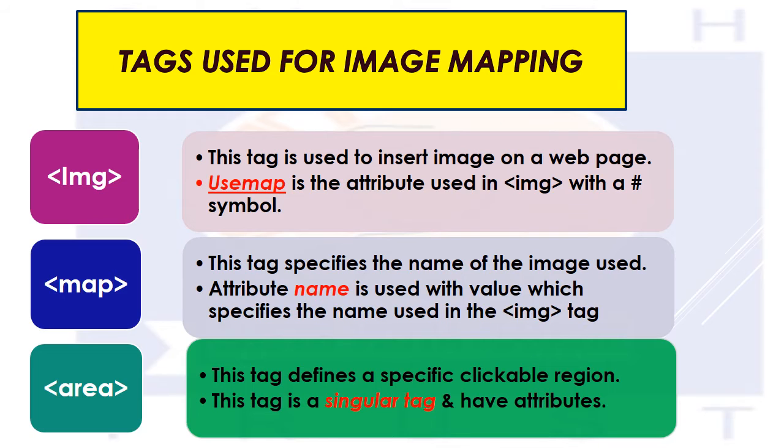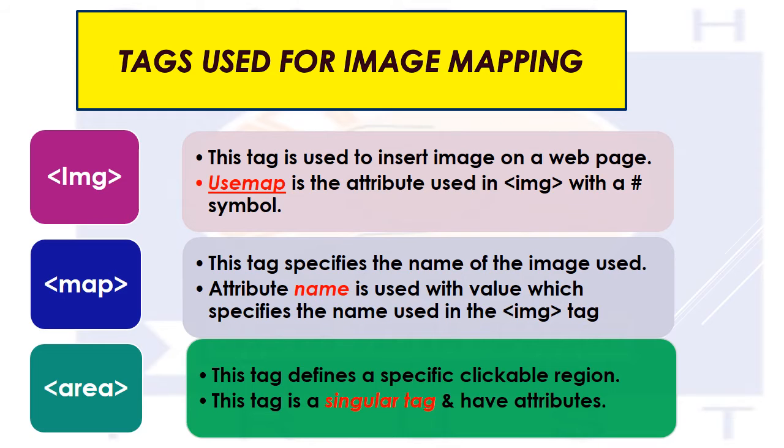Okay, next comes the area tag. When we are talking about hotspots, I have to specify the area for the clickable region. That area you can give as coordinates, that is a rectangle area you want, a circle area you want, or a polygon area in your image.